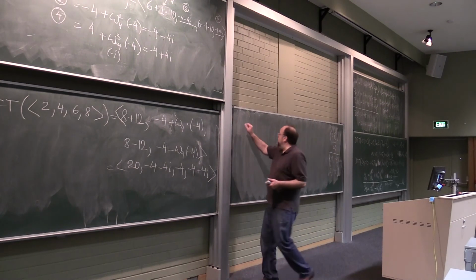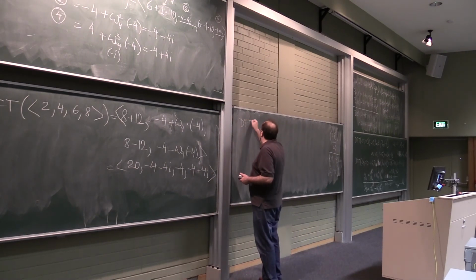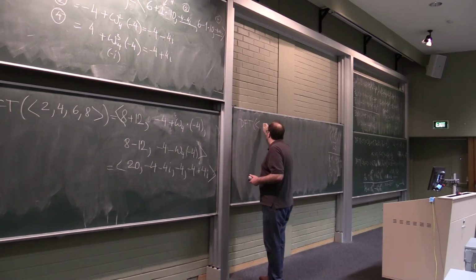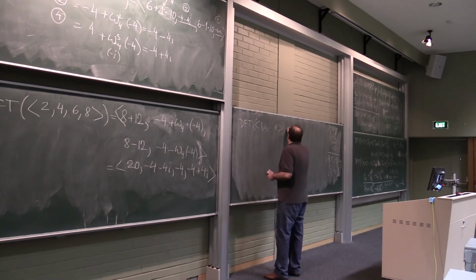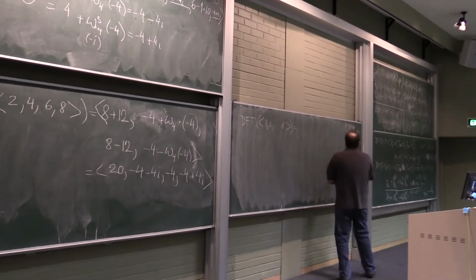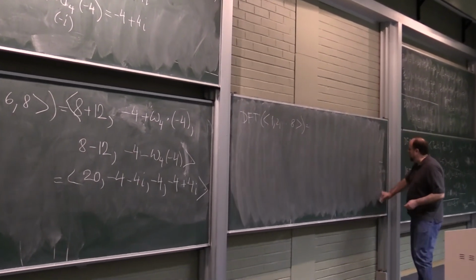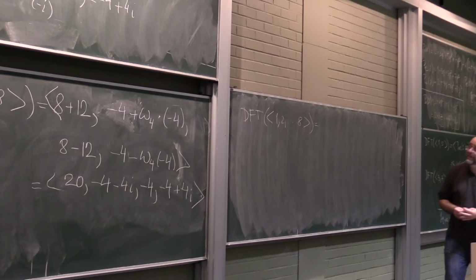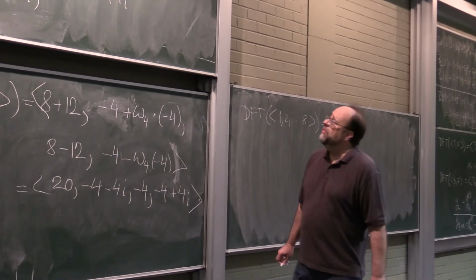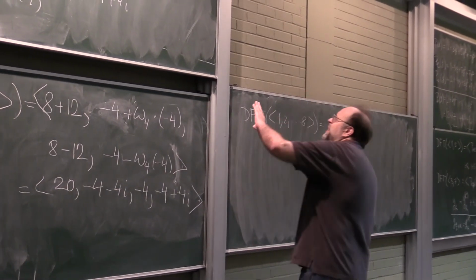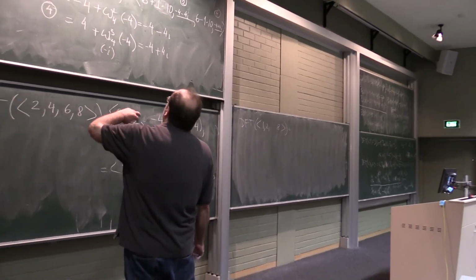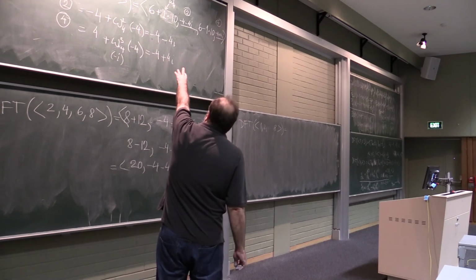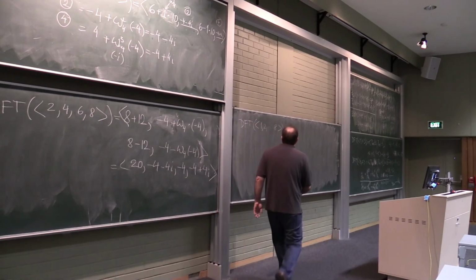Now we can compute the DFT of the whole sequence 1, 2, up to 8, which is equal to the first component of the even part. What is the first component of the even part? It is 6, so it's 16.